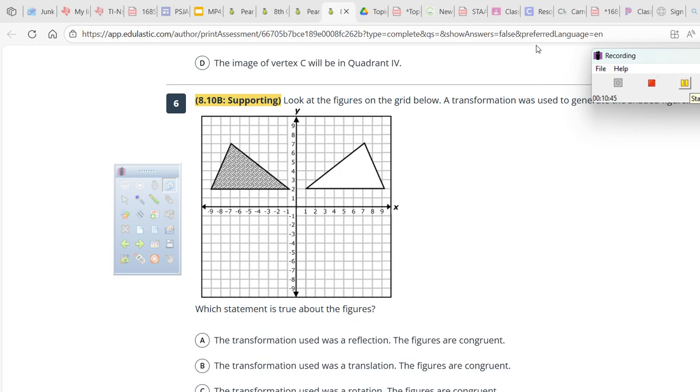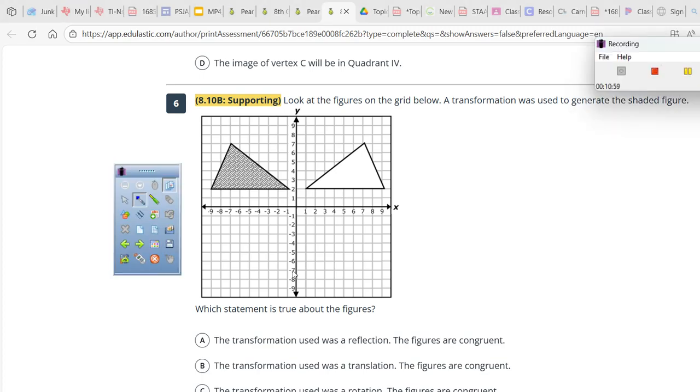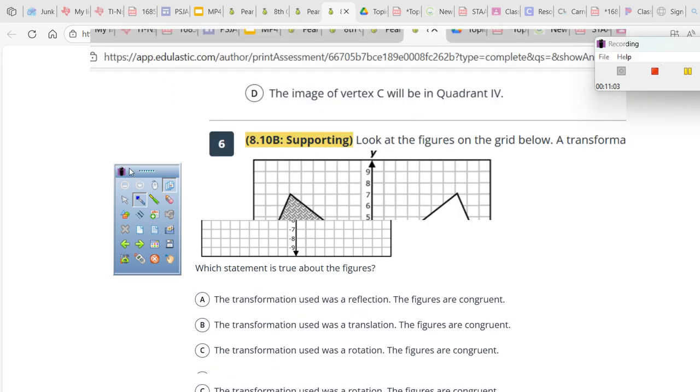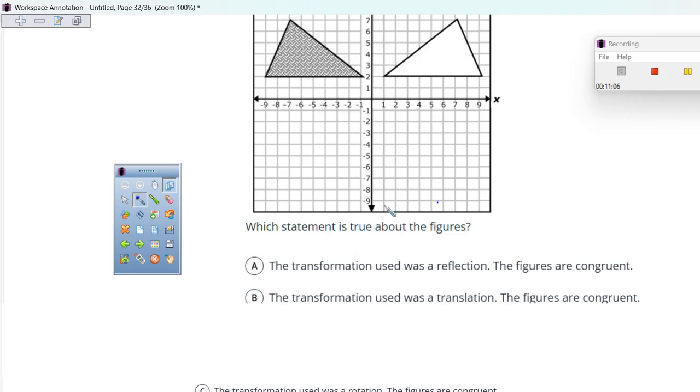Okay, looking at this one, these things are reflections. The reflection is congruent. It's a reflection, guys. It's super easy. Congruent.